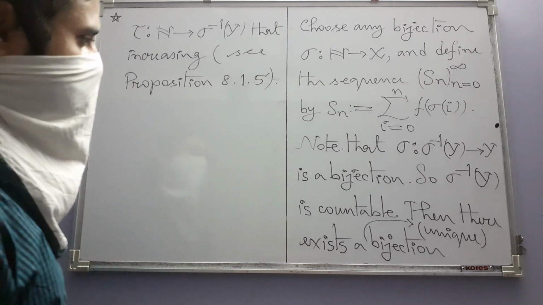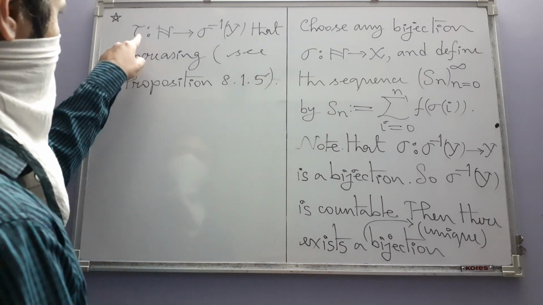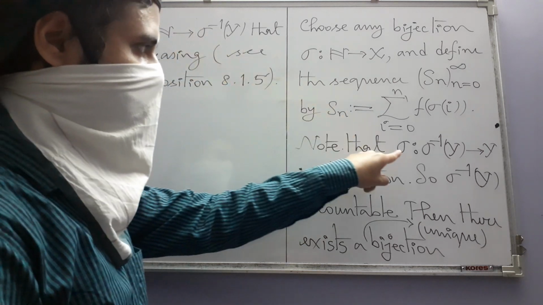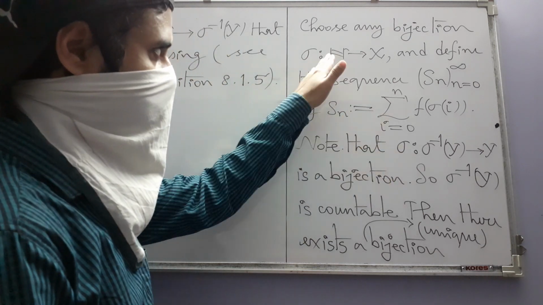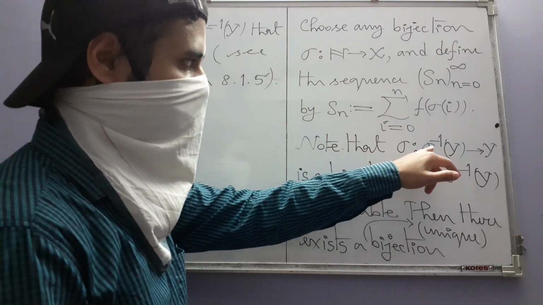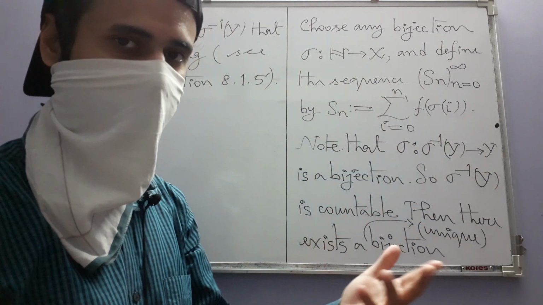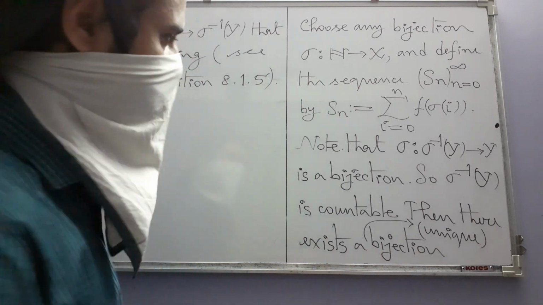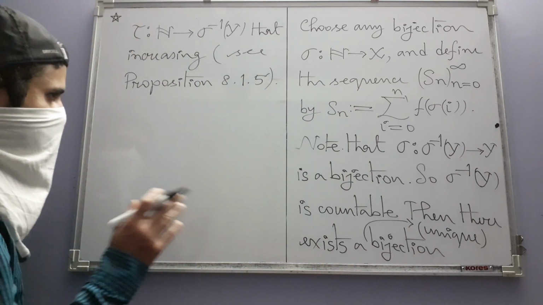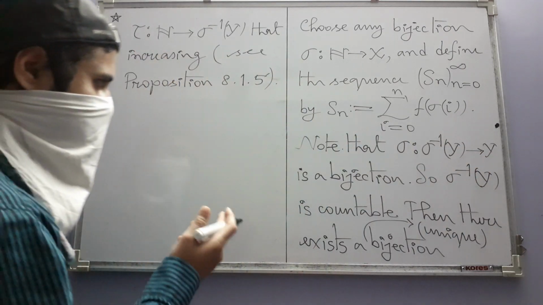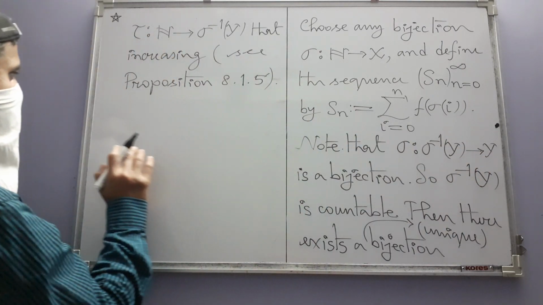Okay, now look at these two functions. Tau maps N onto sigma inverse of Y, and this sigma, not the original one, but this sigma maps sigma inverse of Y onto Y. So now we can compose tau and sigma. And because this is a bijection and this is also a bijection, the composition will also be a bijection.